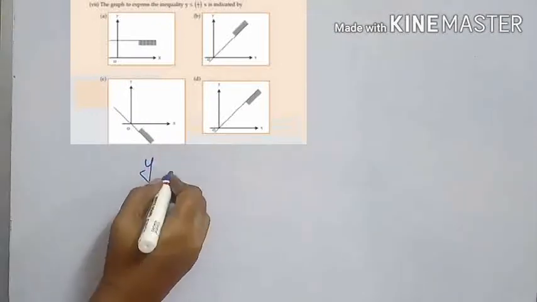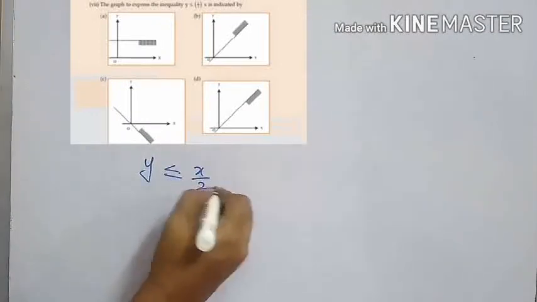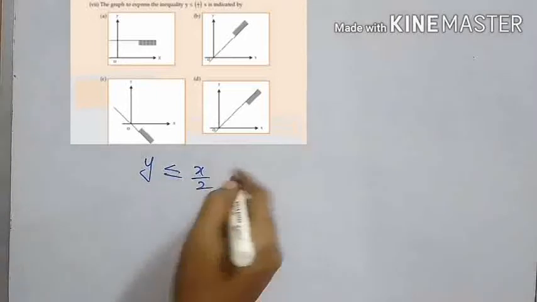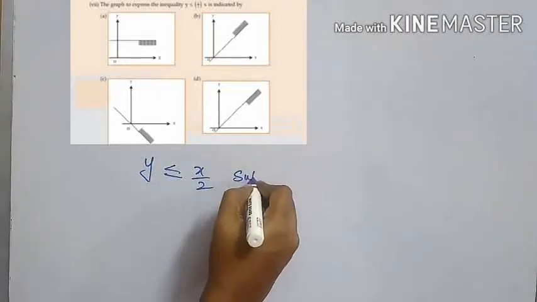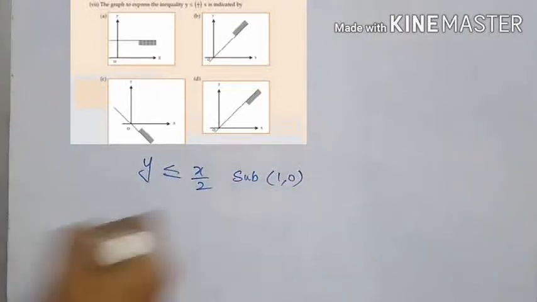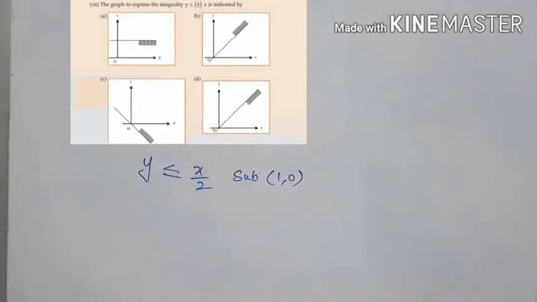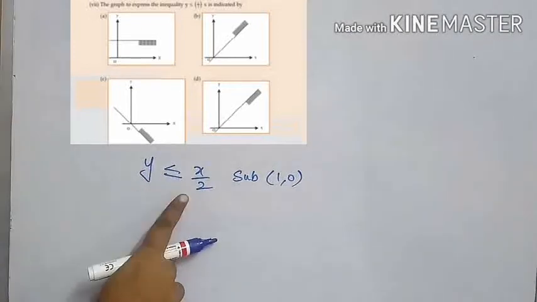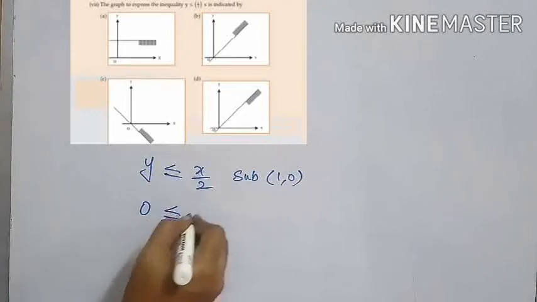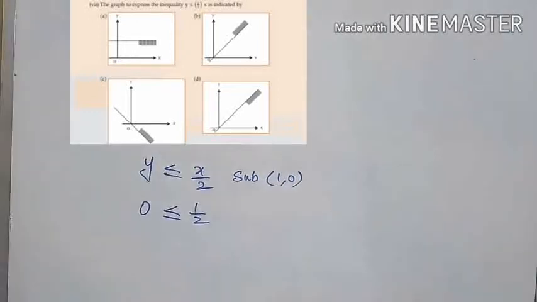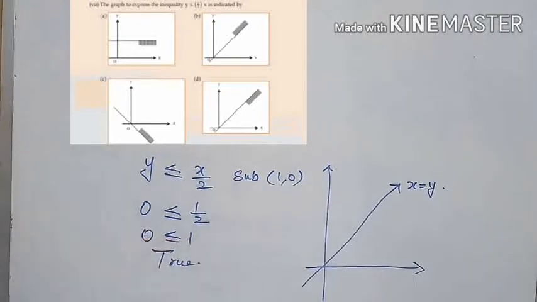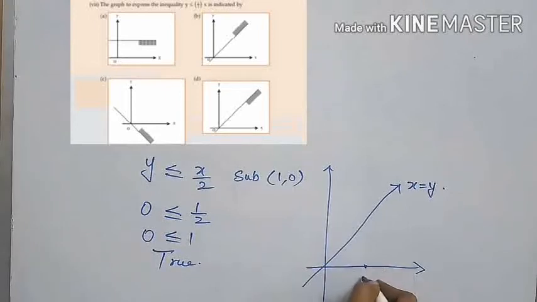The next question we have is the graph to express the inequality y less than or equal to 1 by 2x is indicated by substituting 1, 0 in this inequality. We get 0 is less than or equal to 1 upon 2, which implies that 0 is less than or equal to 1, which is a true statement.